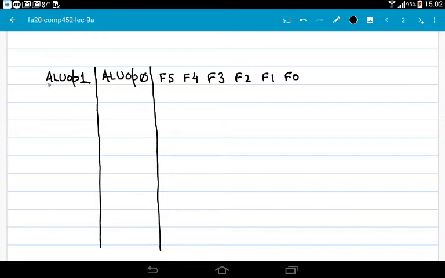These are the 6 function bits. So these are the inputs.